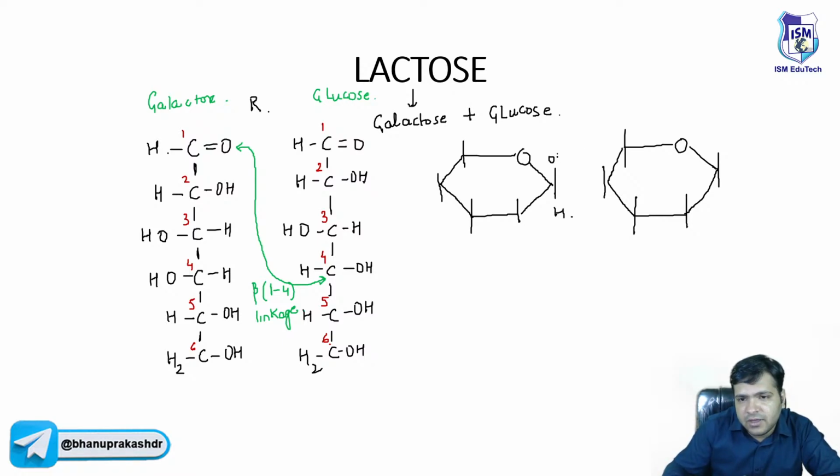Yes, the OH will come here. The second carbon OH will be down. The third carbon, the OH will be at top. Fourth also at top. And the fifth will be attached to the sixth carbon, that is CH2OH. Very good, Peter. Very good, Harsh. Now over here glucose का तो मुझे बताने की भी जरूरत नहीं है. You are very well aware with the fact. It will be like this only, right? So yes.